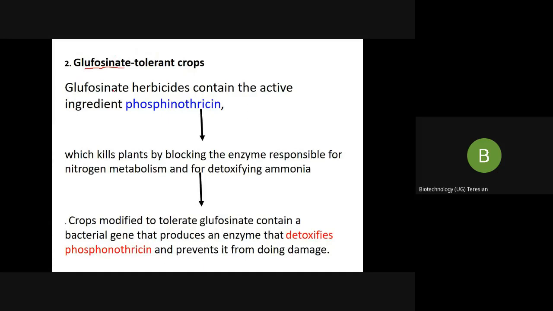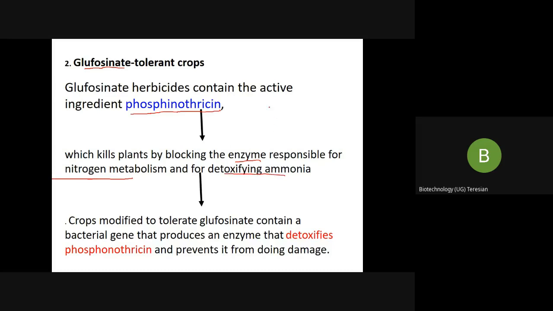So this herbicide contains an active ingredient called phosphinothricin. So phosphinothricin is an active ingredient of the herbicide glufosinate. What this does, this phosphinothricin, it is going to kill the plants by blocking the enzymes responsible for nitrogen metabolism and for detoxifying the ammonia.